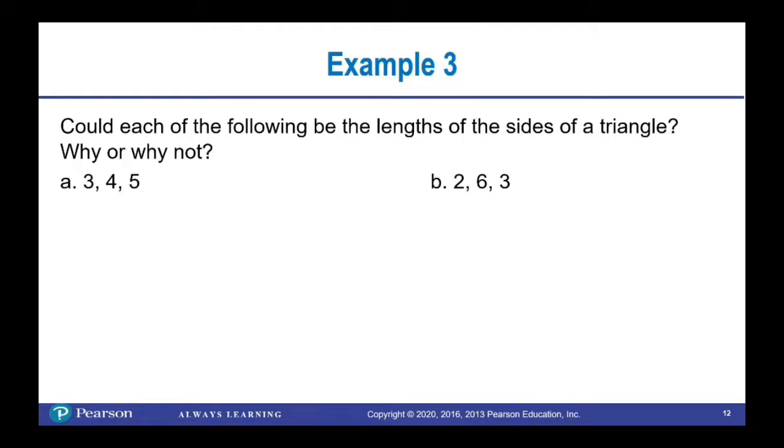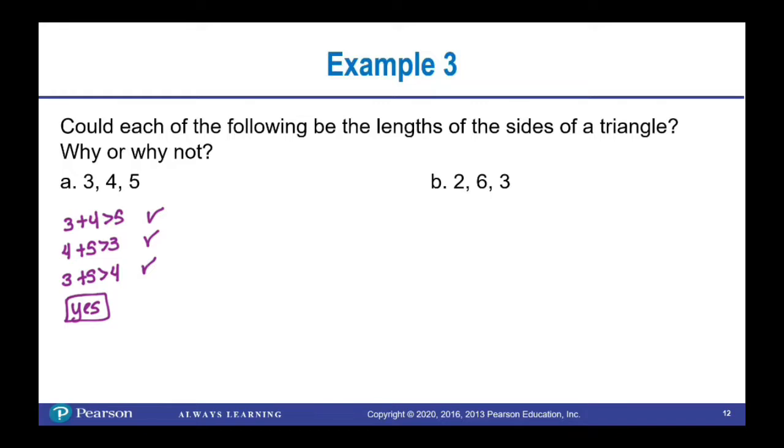So I'm going to start with one pair. So 3 plus 4 is 7, and 7 is greater than that third side, 5. So we have a check. So let's look at another pair. 4 plus 5 is 9, that's greater than 3, the other side. And then our last pair, 3 plus 5 is 8, which is greater than 4. So these could be the lengths of the sides of a triangle.